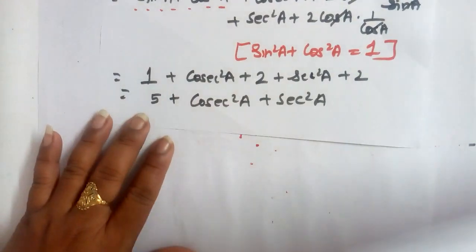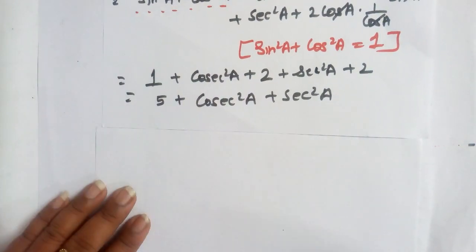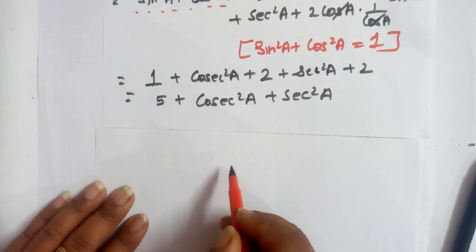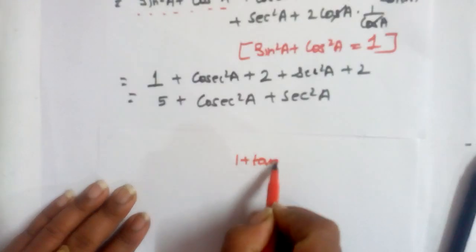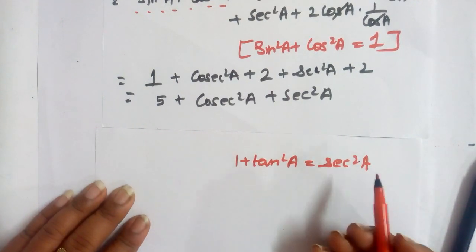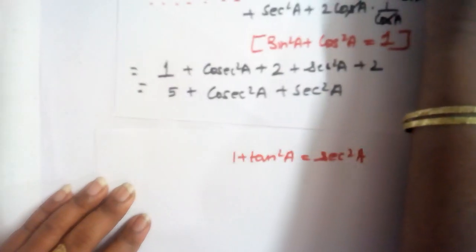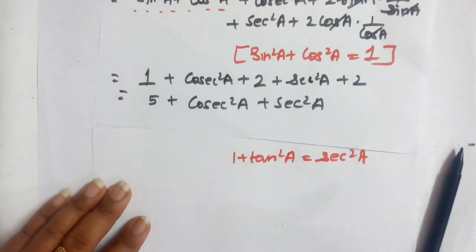So again we will recall a few important identities, three identities that are very important. So we know that 1 plus tan square a is equal to sec square a, or 1 plus tan square theta, whatever you want to say, because these are representing only the angle.